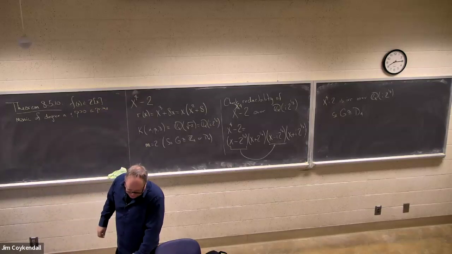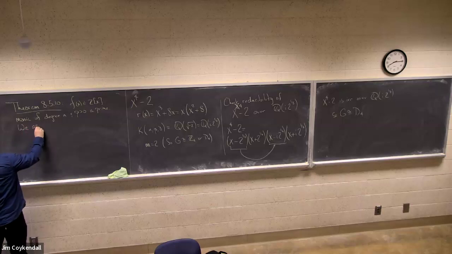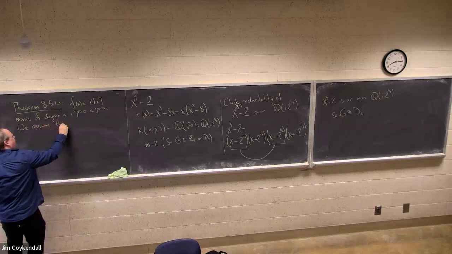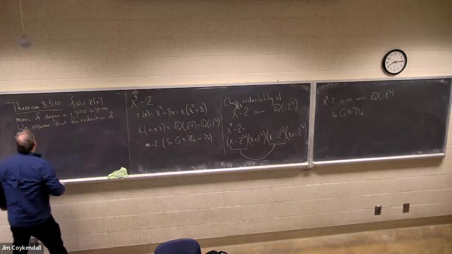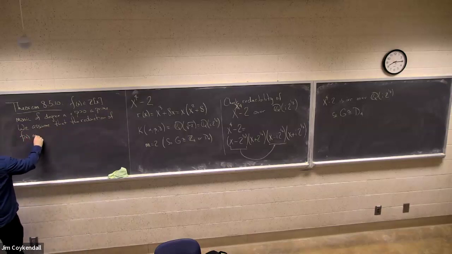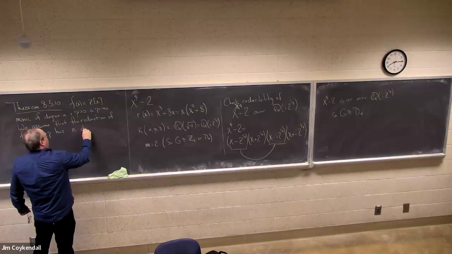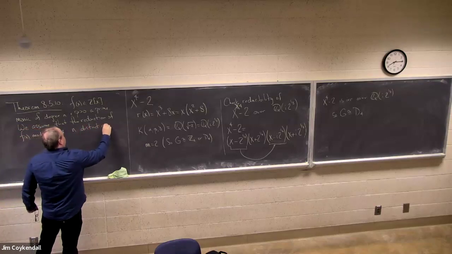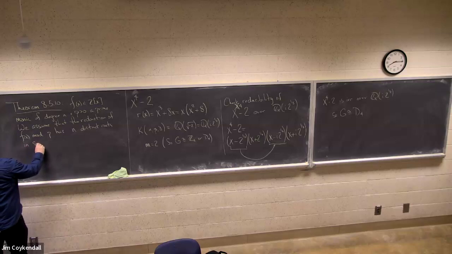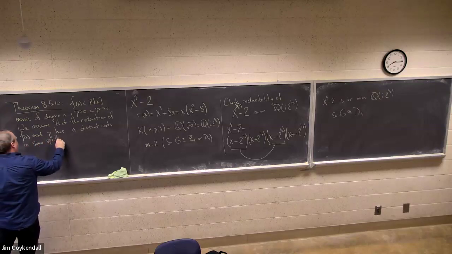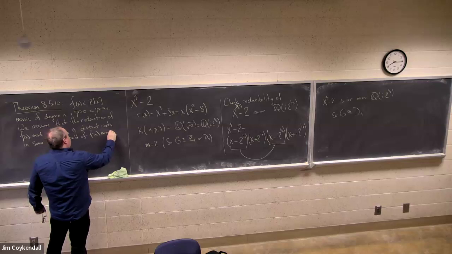We suppose that the reduction of f of x mod p has n distinct roots in some splitting field of x over Z mod p.